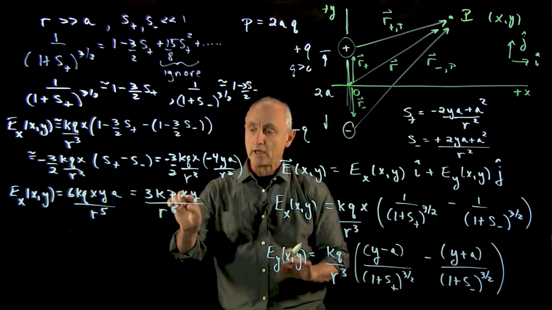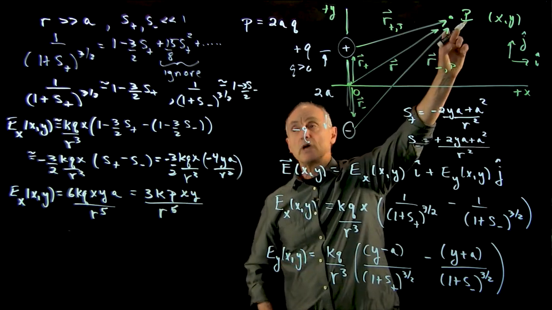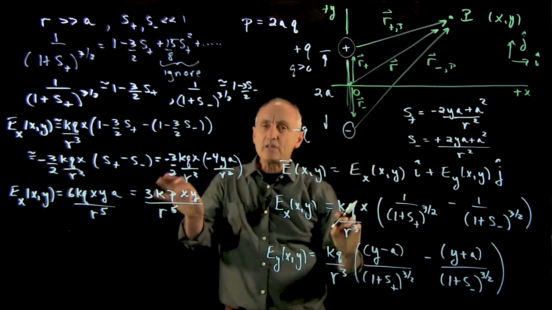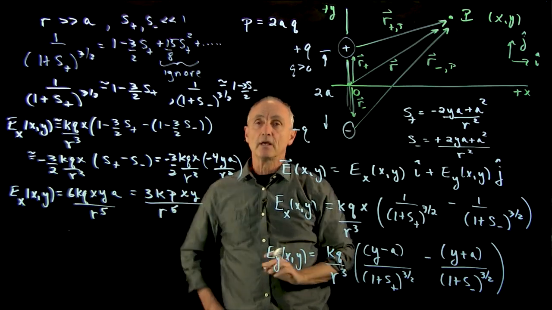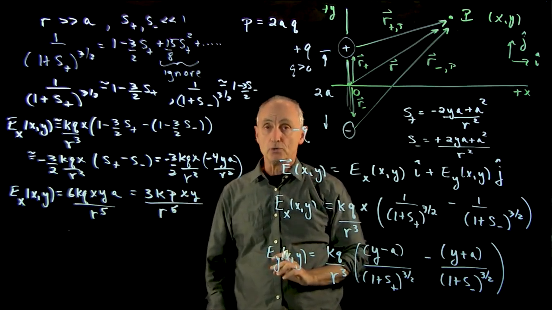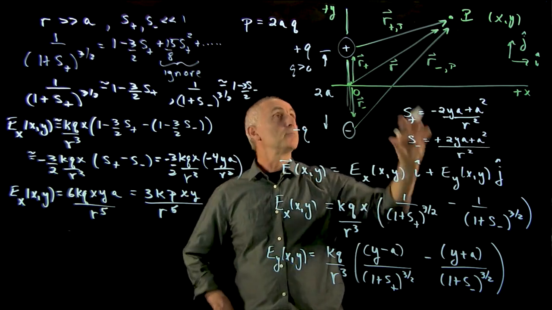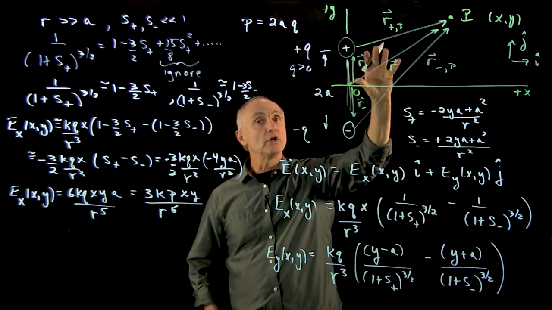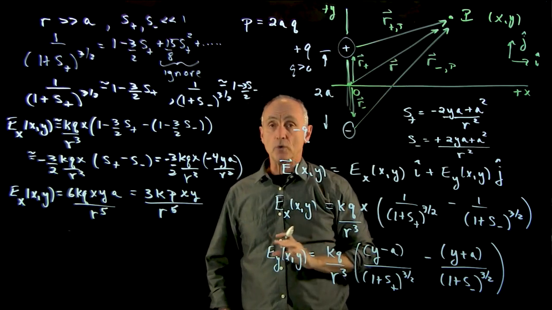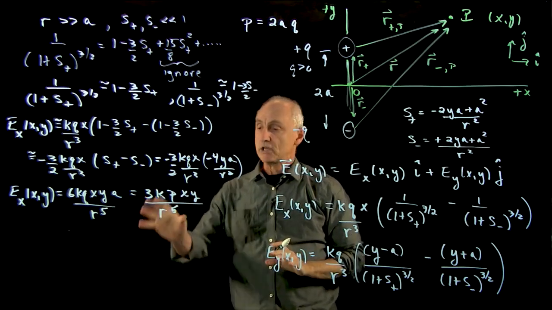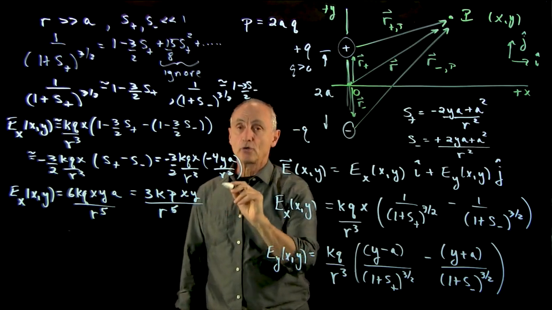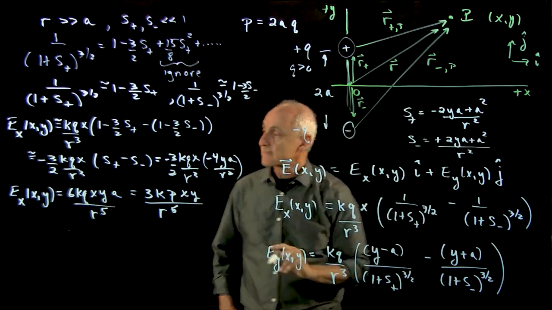But that's not quite right, because x and y are at the location of the field points. They're on the same order as r. So this is really showing us something that falls off like 1 over r cubed, which is not a surprise, because the whole distribution was neutral. So it shouldn't have a 1 over r squared term associated with point charges. But the leading order term approximately goes like 1 over r cubed.